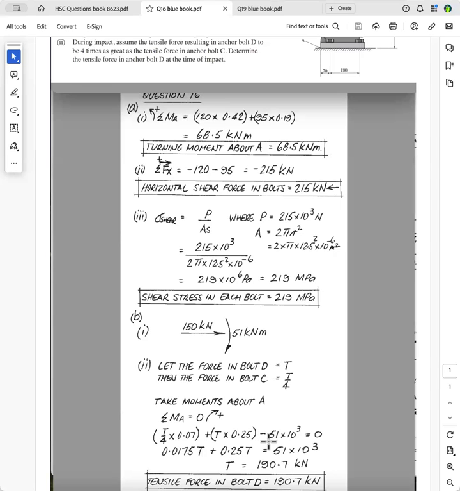So that is 51 times 10 cubed, which has been given to you, 51 kilonewton meters there. And remember, this is a reaction. This is the reaction on the bolts. And so that equals 0. And so you've got one unknown here, and you'll be able to find the tension in bolt D. Obviously it's in kilonewtons. It's not kilonewton meters because that's a moment. So it's a tensile force in bolt D.